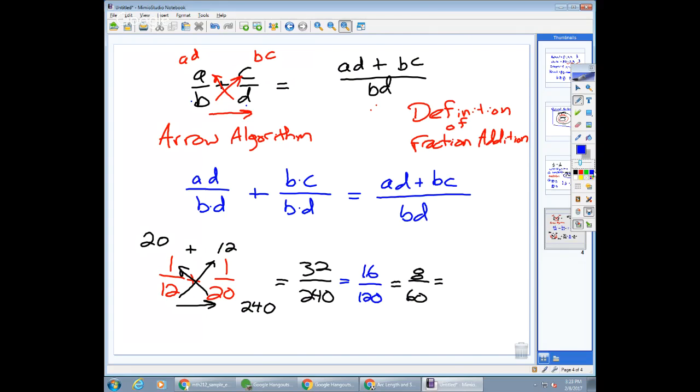What do you think? 2 goes again, 4 over 30. And then finally we get the same thing we got before, which was 2 over 15. Now I had to reduce an extra time right there. Actually 2 extra times, 1, 2. Here the LCM took us right to that one right there.